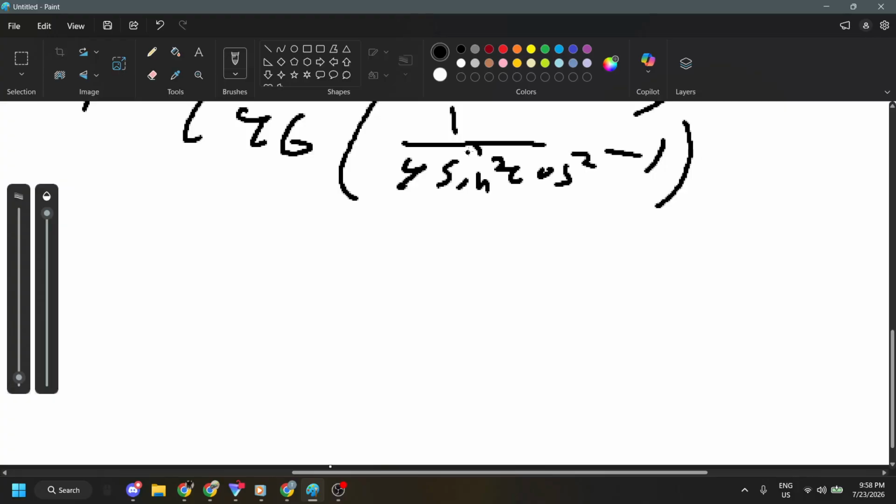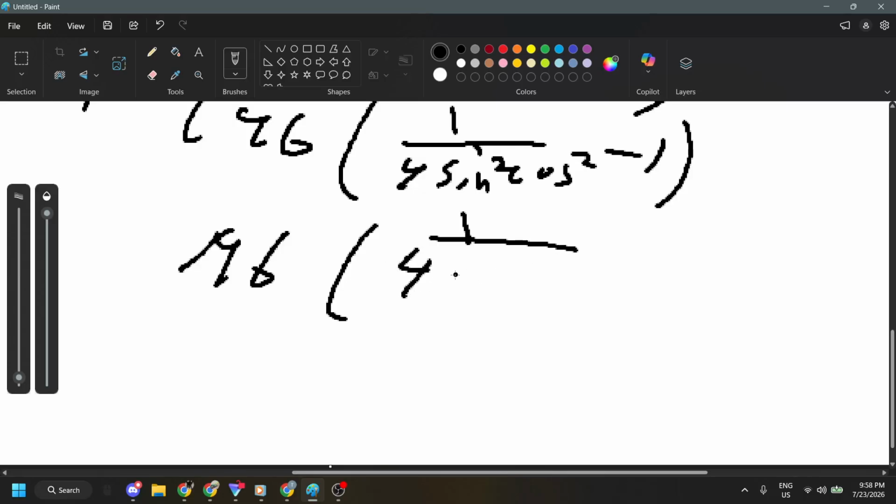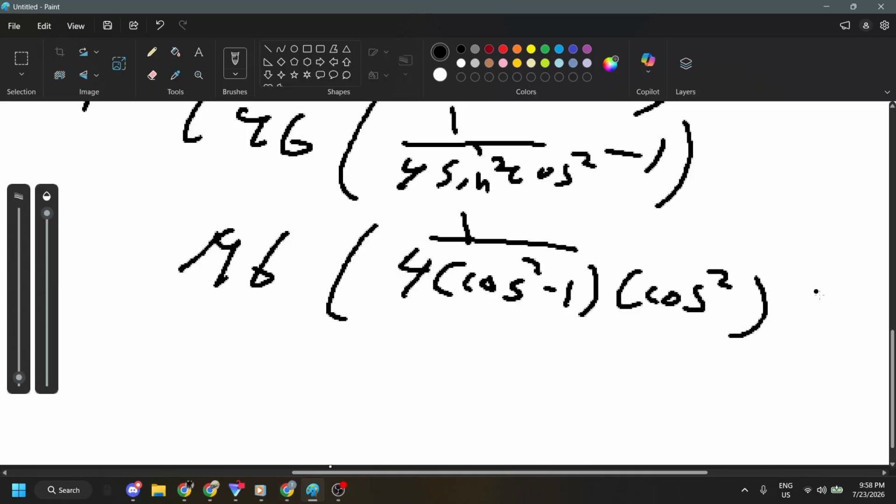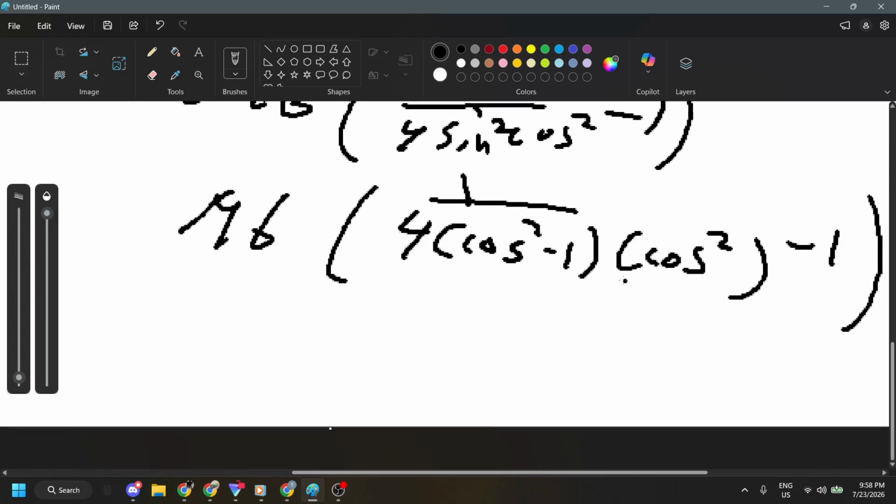So I can change this to 196 times 1 over 4 times cosine squared minus 1 times cosine squared minus 1.